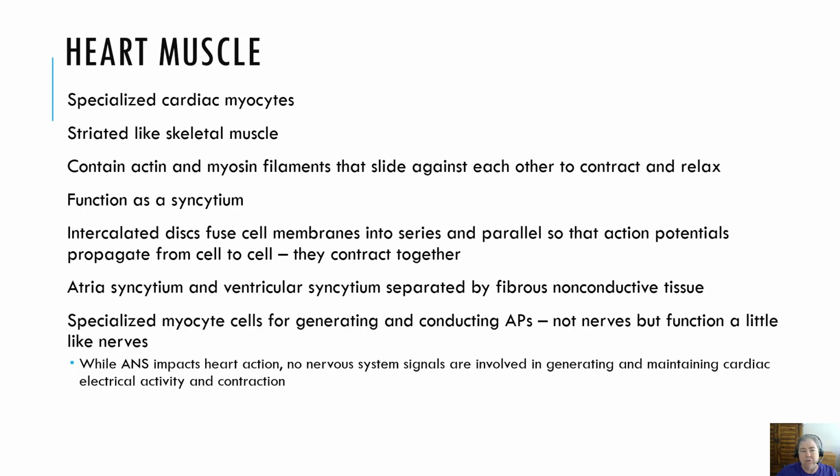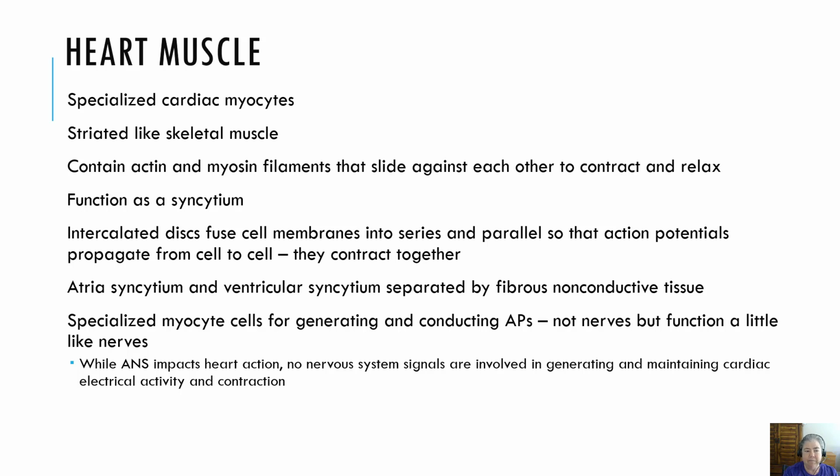Those tissues, which we call the bundle branches and Purkinje fibers, can also, under abnormal circumstances, generate action potentials in the same way that the SA node and the AV node can. So they can end up functioning as pacemakers if the SA node isn't functioning and the AV node isn't functioning.